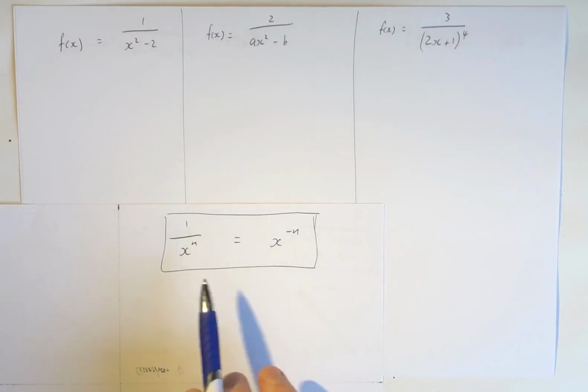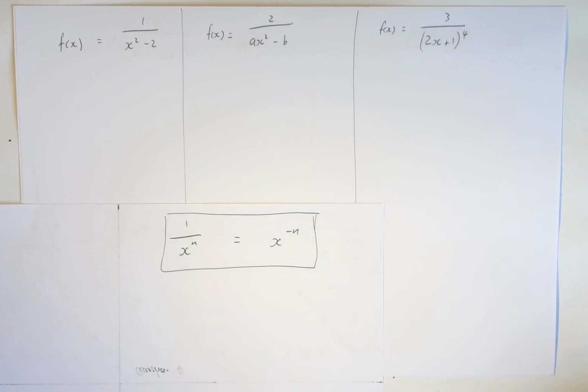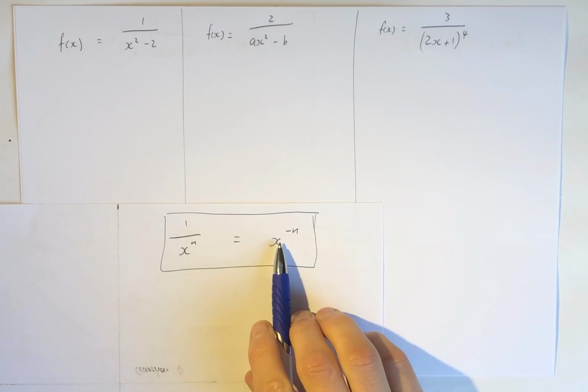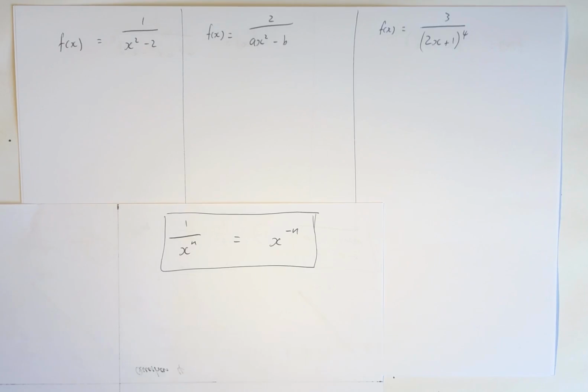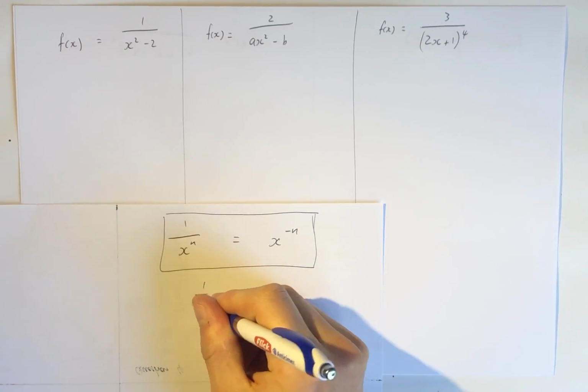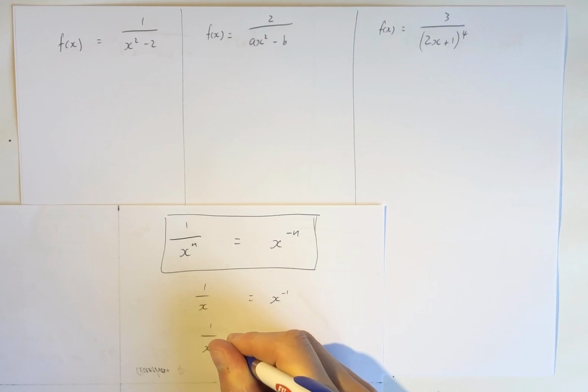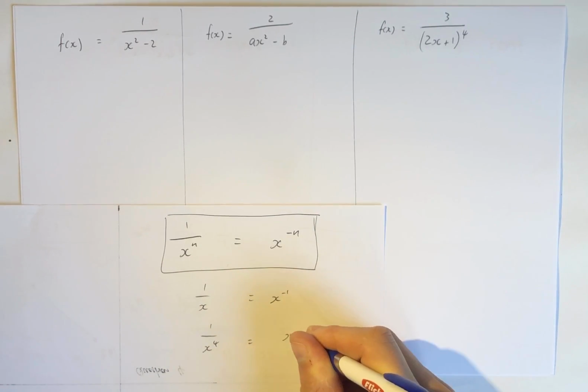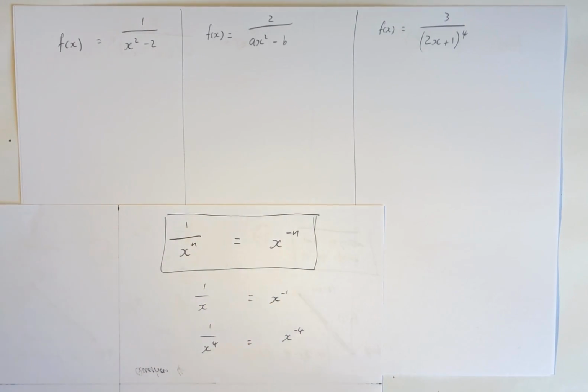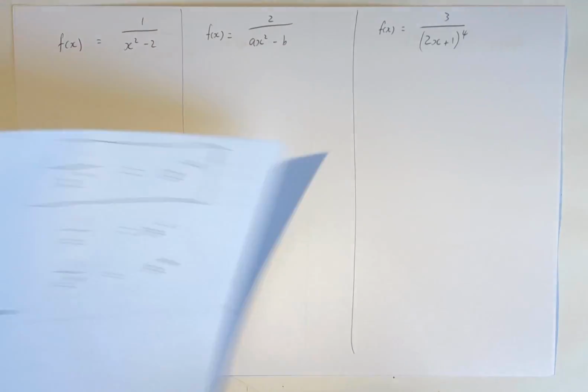So we're going to be using it again today. 1 over any power, we can just bring that up, and that's that negative power. So an example would be 1 over x, well that's just x to negative 1. 1 over x to the 4, well that's just x to negative 4. So we need to use that for this task.